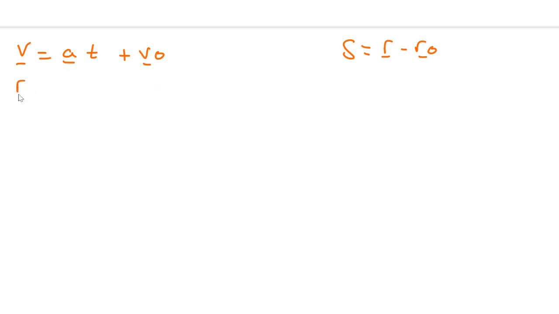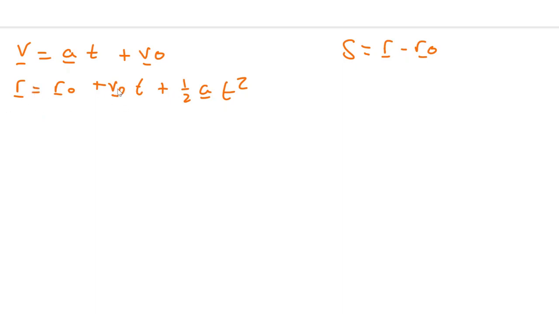The next one is R is equal to R0 plus V0 T plus 1/2 AT squared, and again this is exactly the same as the equation we have in 1 dimension, which is S is equal to UT plus 1/2 AT squared, but of course we've added in this R0 term and brought it over to this side as well, because we're assuming we'll be interested in the final position.